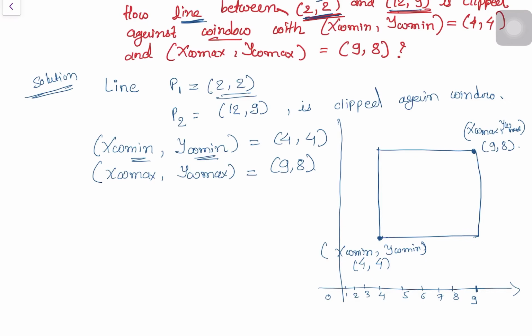So approximately we get the point over here, 1, 2, 3, 4, 5, 6, 7 and 8, right? So this will be our point P1, 2 by 2, and P2 is equal to 12 by 9. So 10, 11 and 12. It will be approximately here, this point.